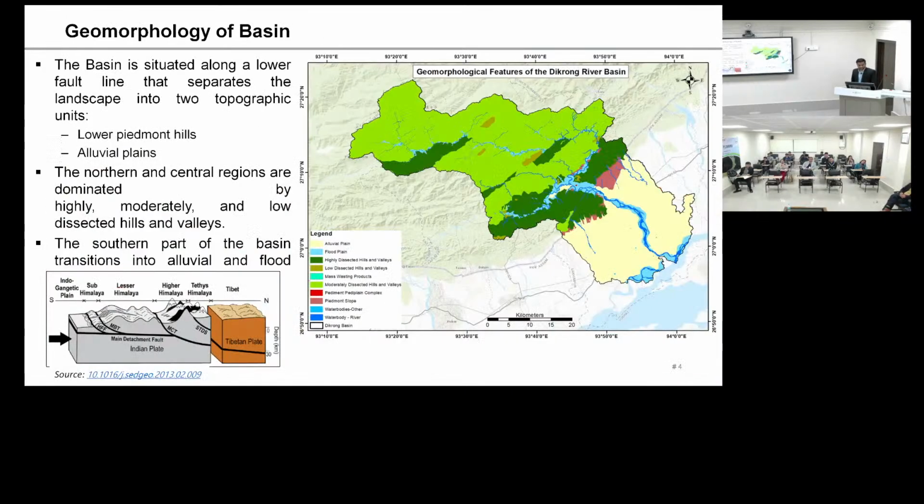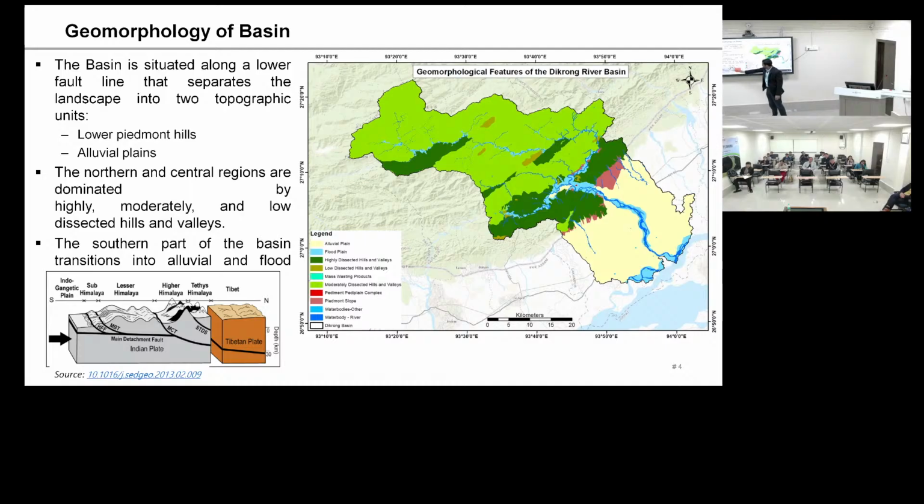Now let's look at the geomorphology part. I have also drawn a tectonic cross-section view of this basin. Let's see the Main Boundary Thrust. If I show you, this one is the Indian plate, and this one is the Tibetan plate.